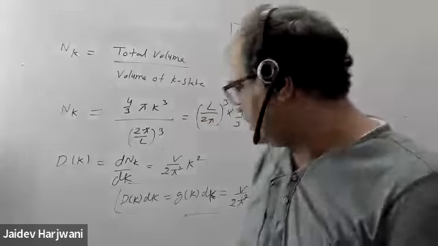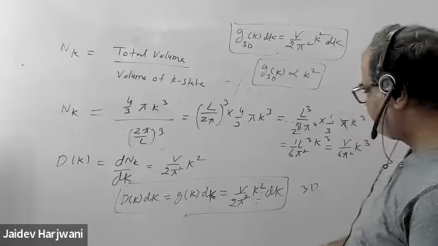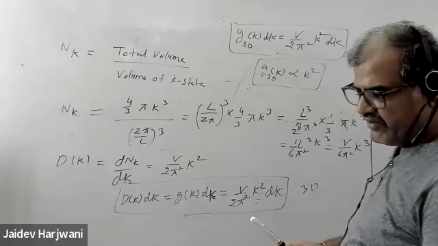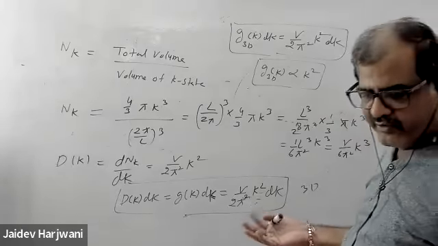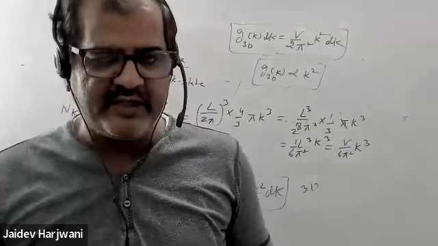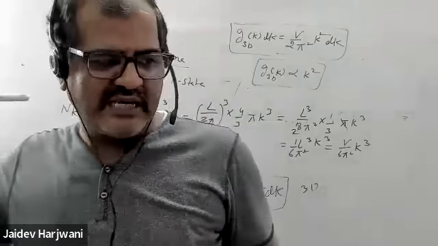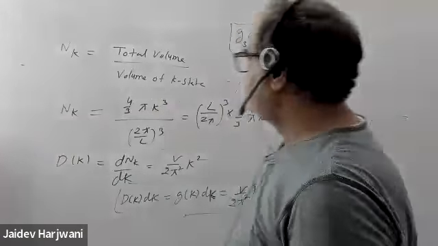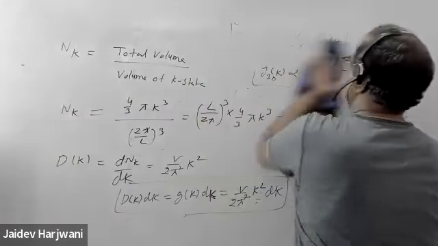Now you can calculate this for 2D, same as what we have done. In 2D you know the area, just as you know the volume of a 3D cell. So you can find the density of states for 2D also.